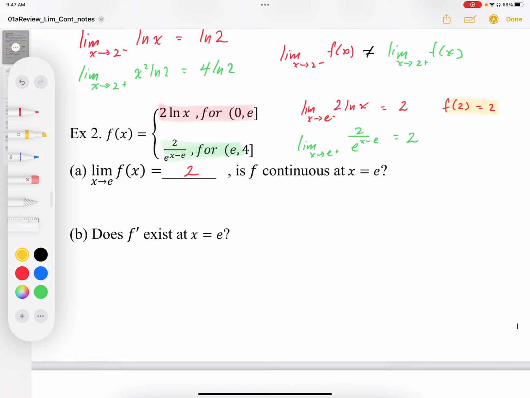And the second condition is that the value at e is equal to 2. I made a mistake here. We have to write this as f of e is equal to 2. So that's our second condition. Okay, we know that it is continuous at x equals e. So we can say it's continuous.